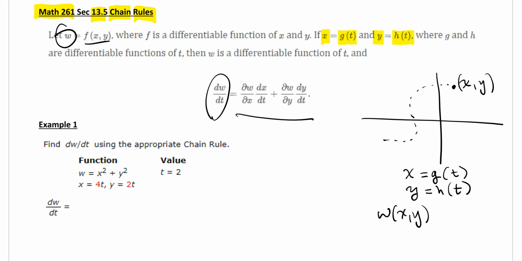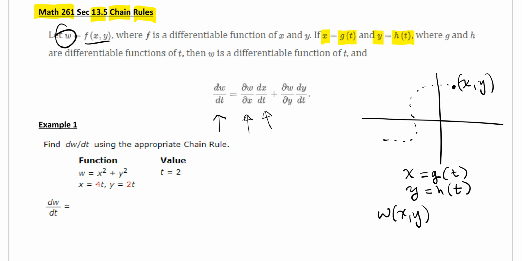So what is this chain rule saying, and how does that work? In this type of situation, we want to take the derivative dw dt. We do that by taking the partial of w with respect to x times, I'm going to say the word, quote, regular derivative, dx dt.